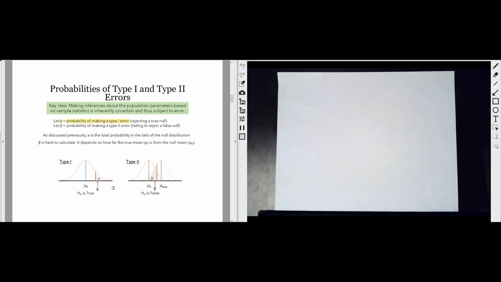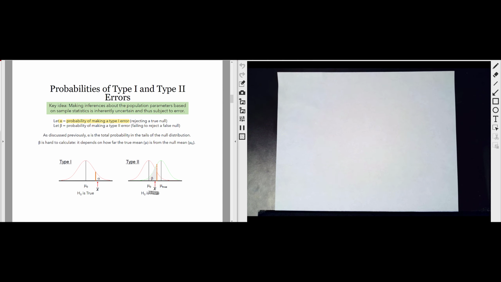We know from the central limit theorem that if the null hypothesis is true, the sampling distribution will be normal around the population mean with a certain standard deviation, etc., and we can therefore compute an exact value for that critical value, and we know for sure what the probability is that we will produce a type 1 error by rejecting a true null hypothesis. For the alternative hypothesis, though, all of this stuff is really unknown.